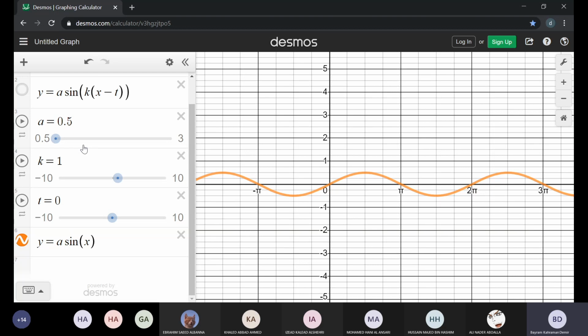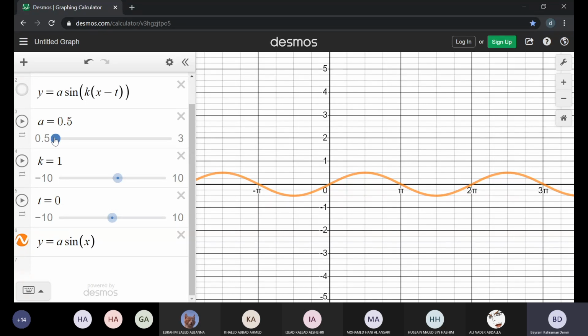Now, can you tell me the range of this graph, Shabab? Yes. Range. It's from minus half to half. Yes, exactly. By looking at the value of a, I can easily say what is the range of the function.